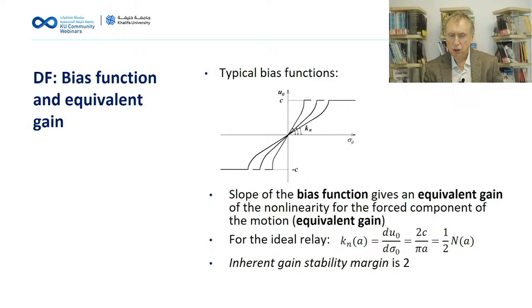Also, what is worth noting is that for the ideal relay, Kn is simply C, the amplitude of the relay.